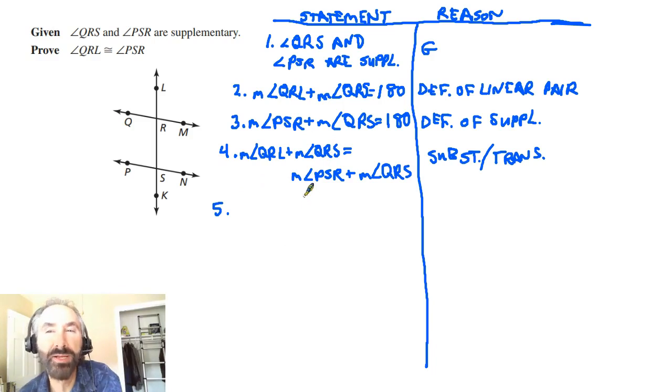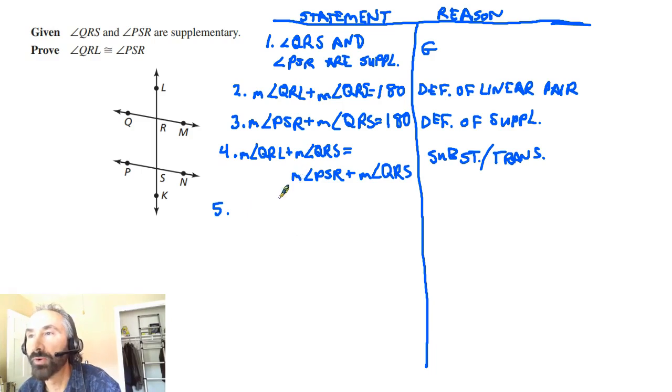I am going to give you a minute to consider. I was kind of greedy by telling you substitution and transitive property for step 4. Hit pause and see if you can figure out the next statement, and the reason why, based on statement 4. Okay, I'm assuming you hit pause and gave it the good old school try.